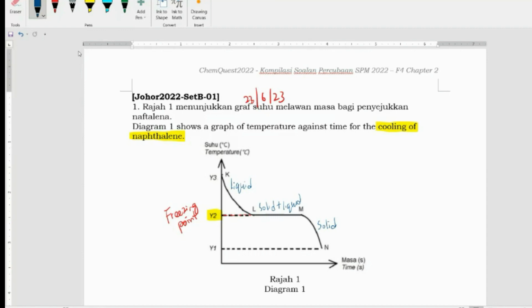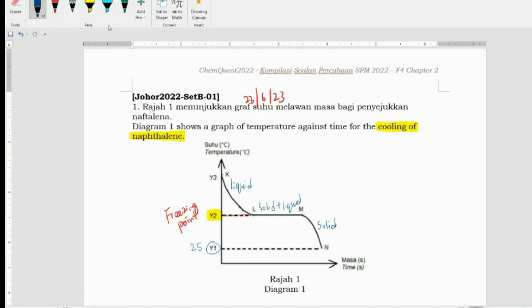Here is the freezing point. So here start to have solid, some have the solid and mixture of the solid and liquid here. And then starting M, then totally turns to solid to N here. Okay. So Y1 normally is room temperature. Room temperature roughly is 25 degrees Celsius.